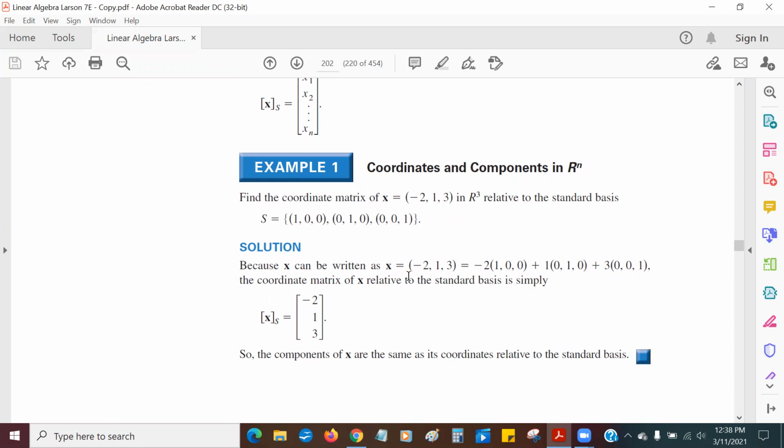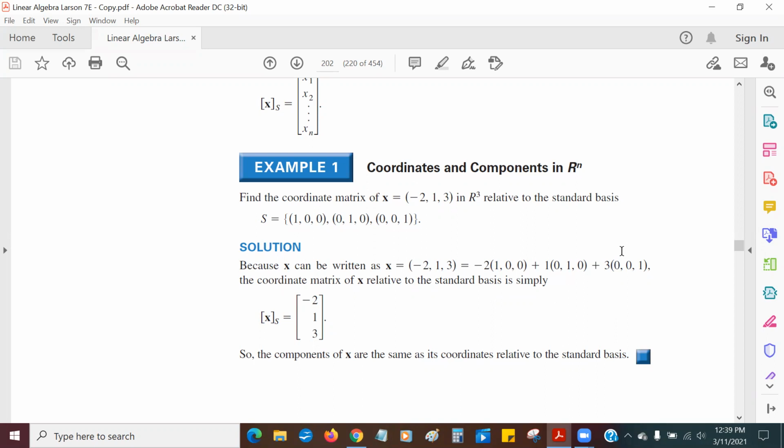Why did this work? Because x, which is equal to -2, 1, 3, is -2 times the first vector plus 1 times the second vector plus 3 times the third vector. By the way, very often, especially if you took Calc 3, this vector here is referred to as the i vector, that's the j vector, and that's the k vector.